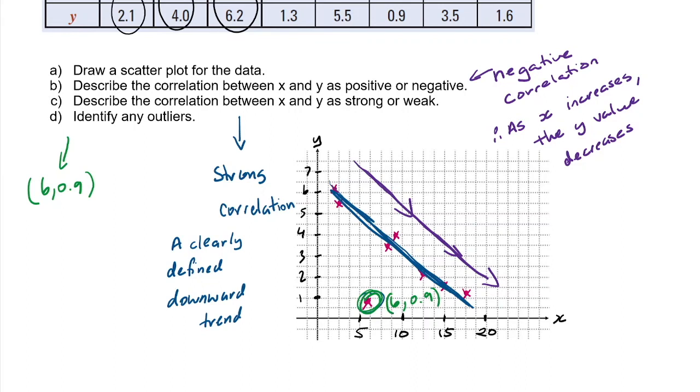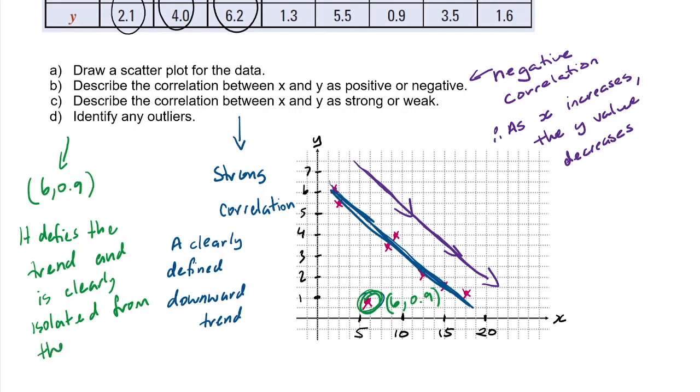It defies the trend, clearly isolated from the remaining data. So that's how scatter plots work.